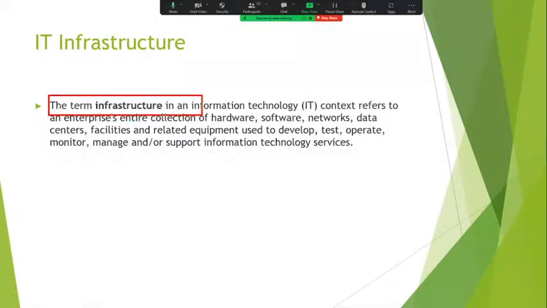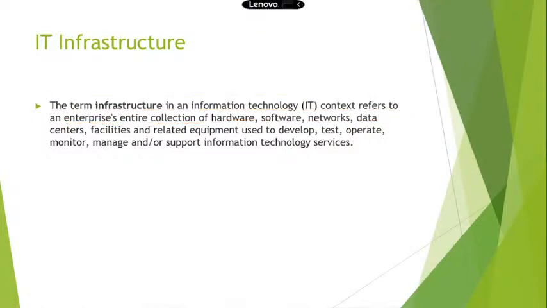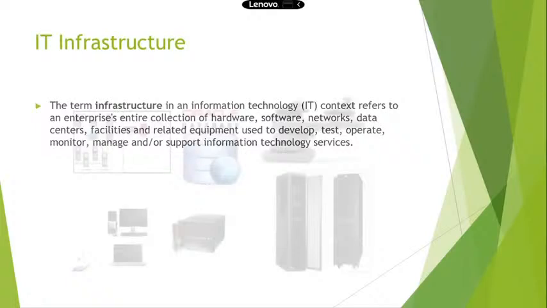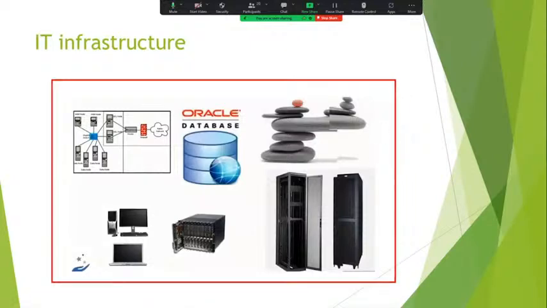This is the exact definition of IT infrastructure. The term infrastructure in information technology refers to a collection of hardware, software, switches, network, and load balancer. Now, to maintain our own IT infrastructure, we require what? One DC. What is the DC?